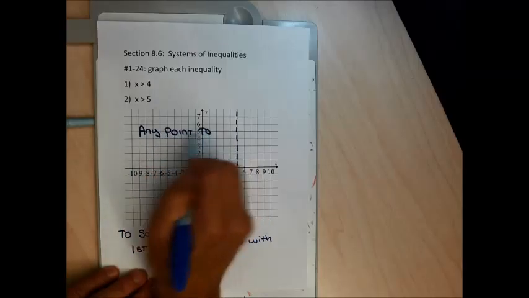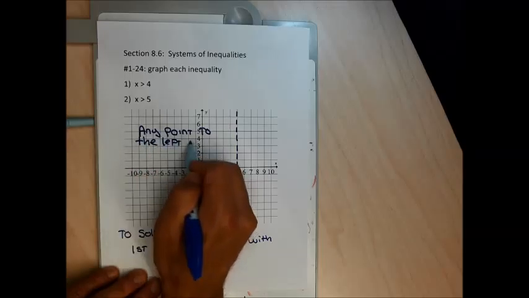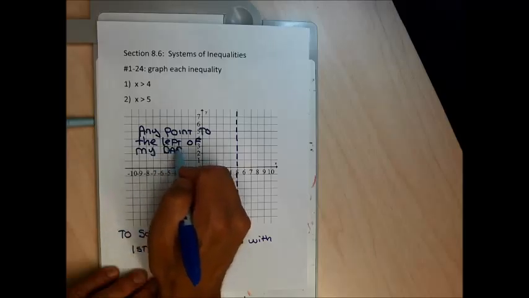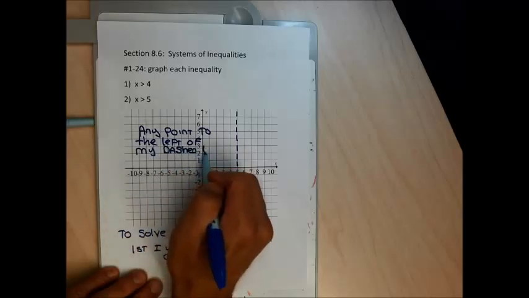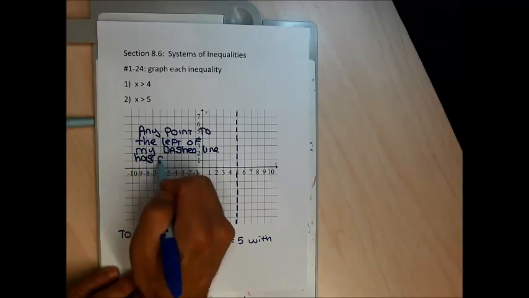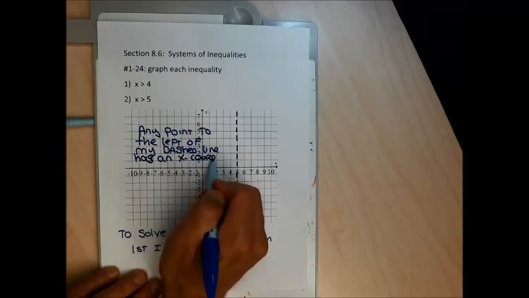to the left of my dashed line has an x-coordinate smaller than 5.